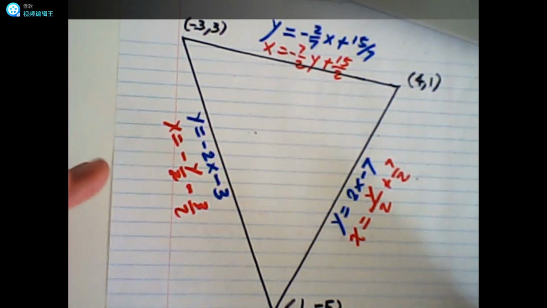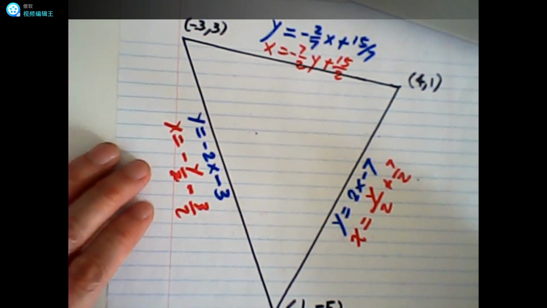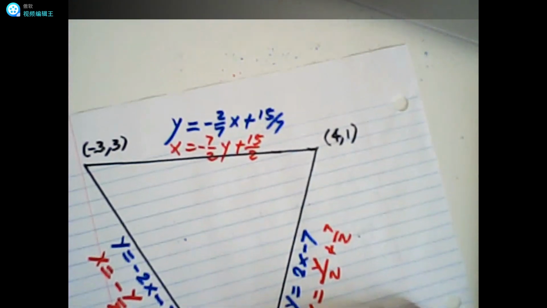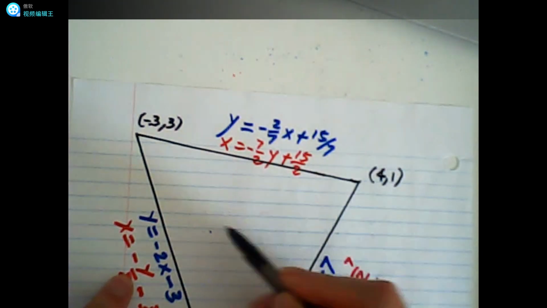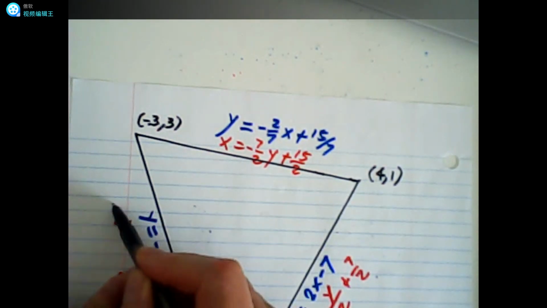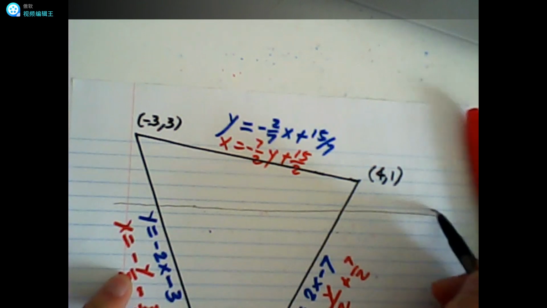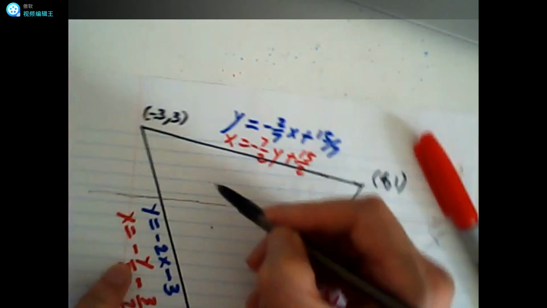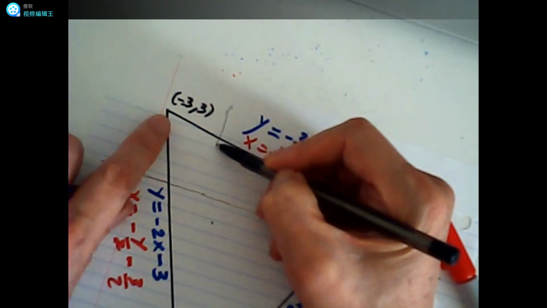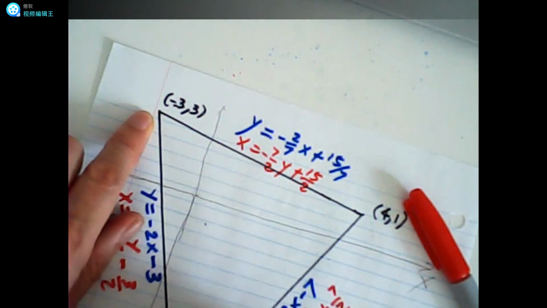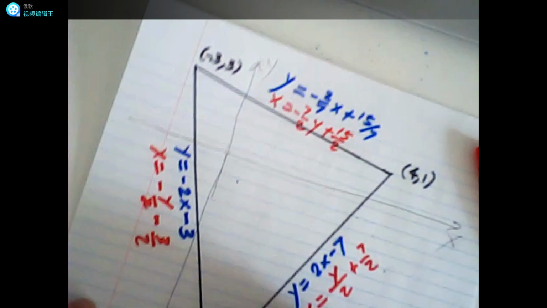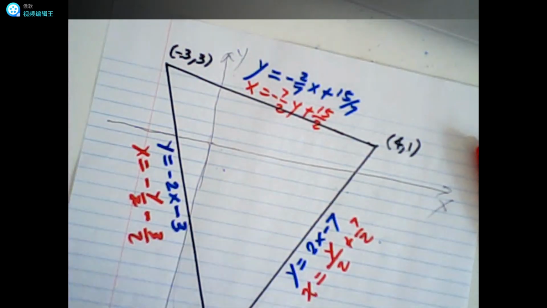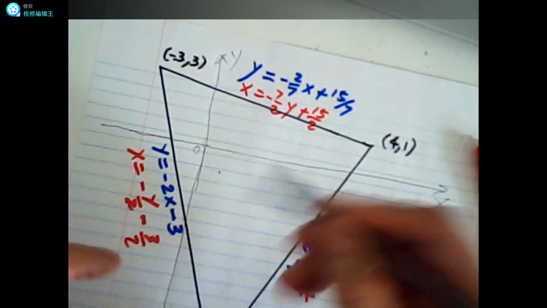To calculate the area, I think I should add this coordinate system. This is the x-axis. This is the y-axis. The line is not very straight, but imagine this is a straight line.